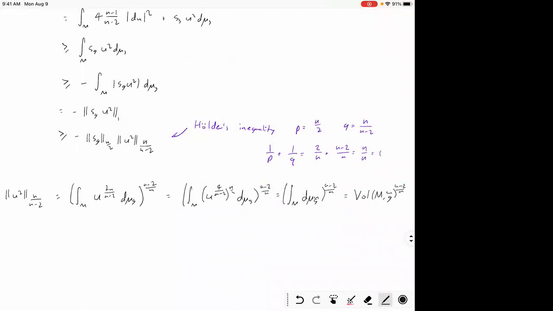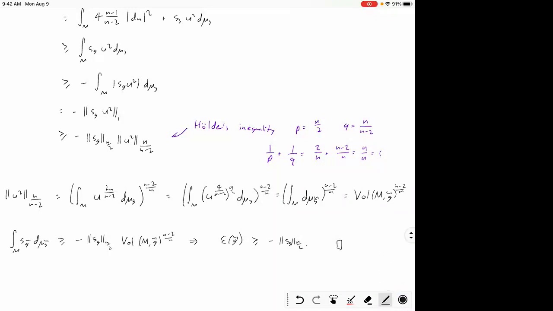So we see that if you take the functional applied to the conformal metric, it's greater than or equal to this thing here.